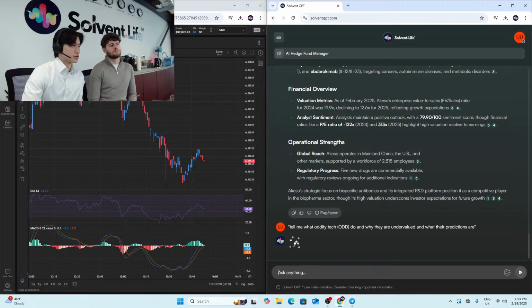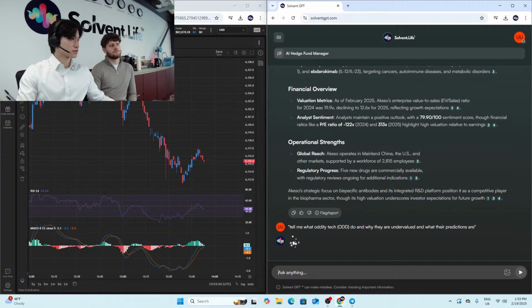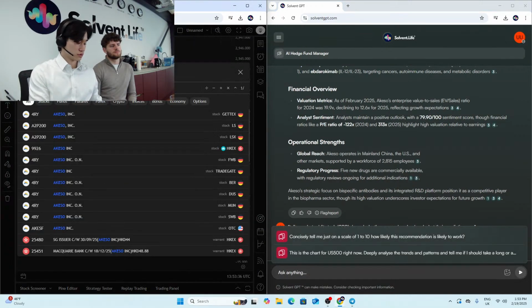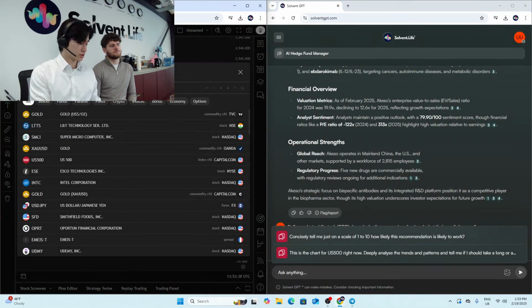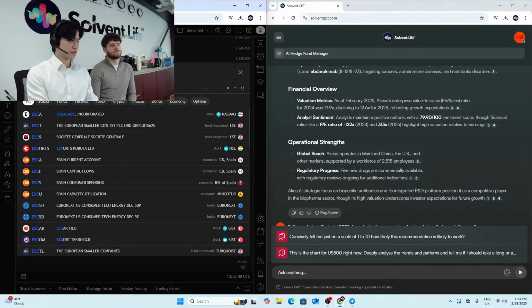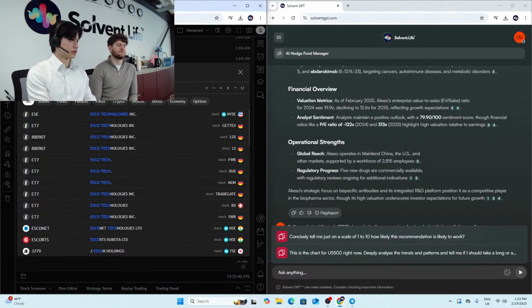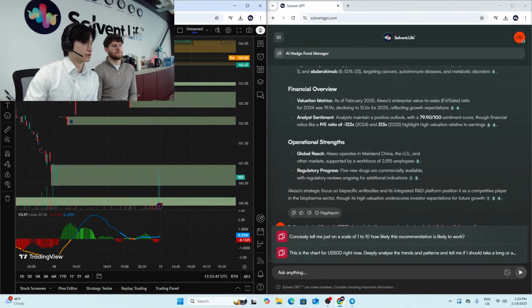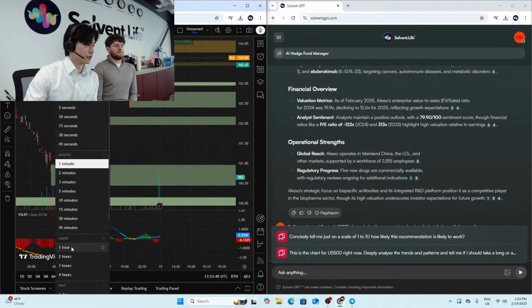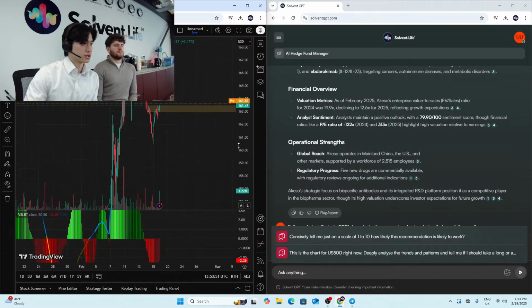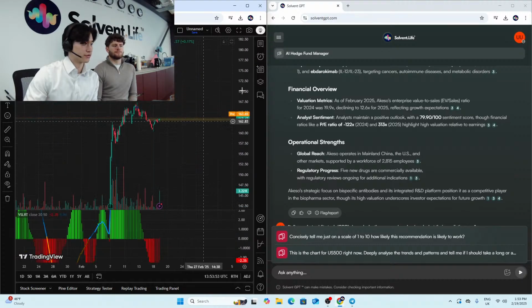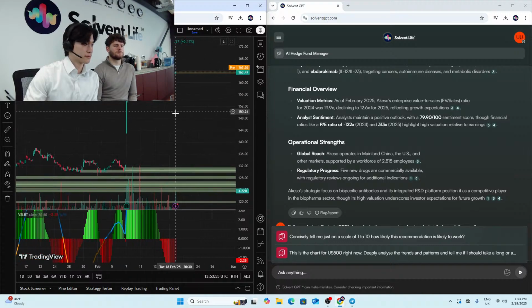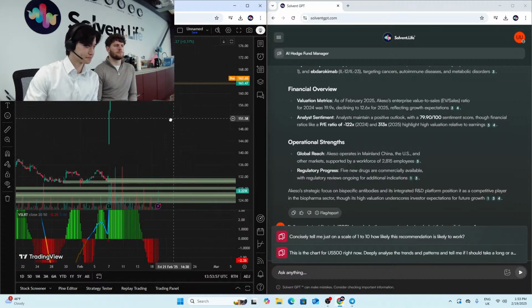Also, I do want to put a spotlight on the stock that we found last week, which was Duke Energy. Was it Duke? No. Well, apologies, Duke Energy was one of the ones to diversify our portfolio. But this is the stock that we found from the insider buys with the GPT.